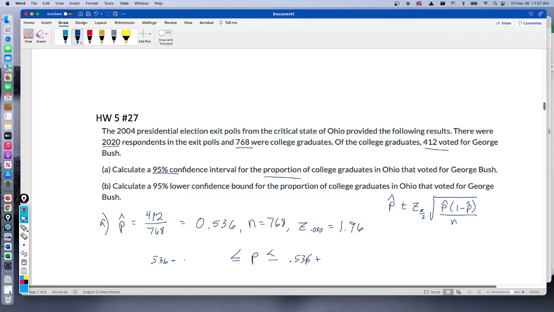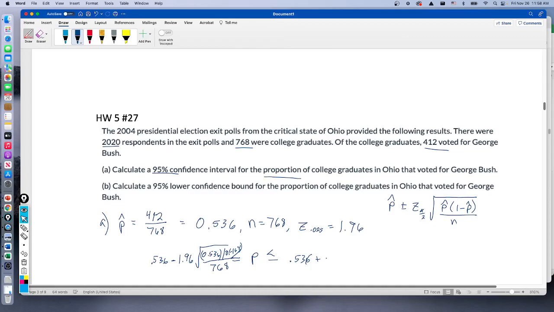Our z value is 1.96, and then we multiply that by the square root of 0.536 times 1 minus that, which is 0.464, all divided by n, which is 768.